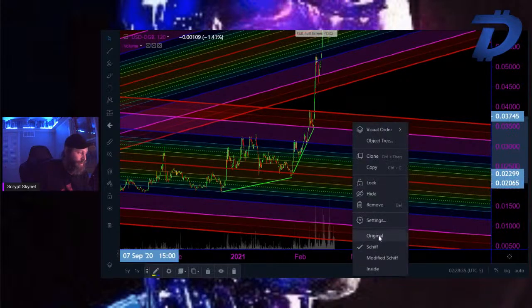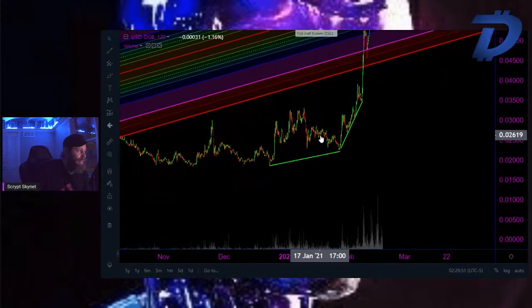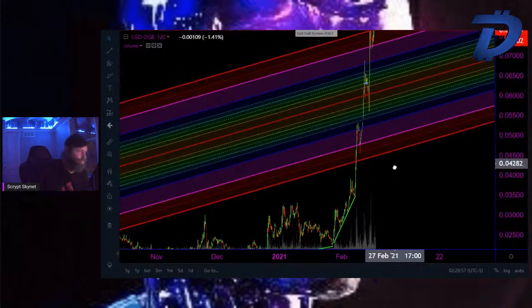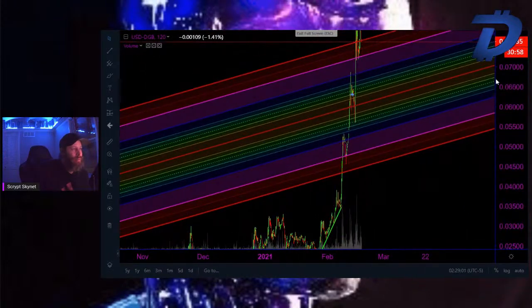I can't use it anymore because it pumped, and it did respect this, by the way. See how it's been respecting all the channels. So I'm going to remove this because I don't need it anymore because it's going up, right? It's obviously going up. It's making higher highs, higher lows, all the way up, bull flags in between. And so I went ahead and did that pitchfork from a while back.